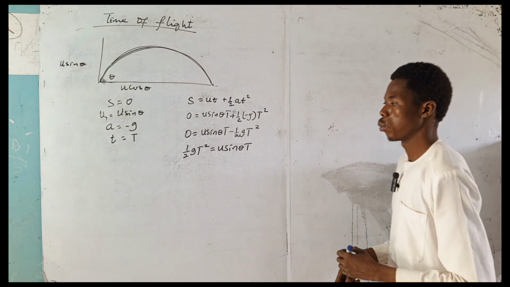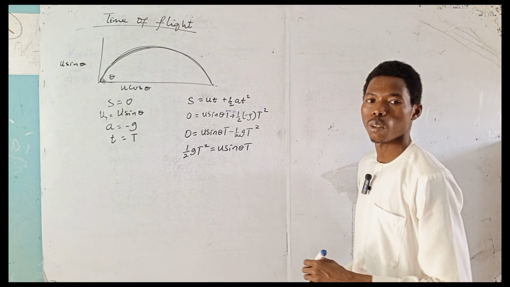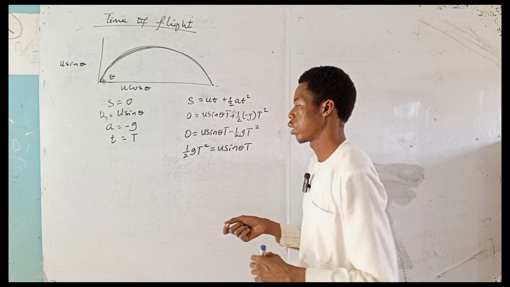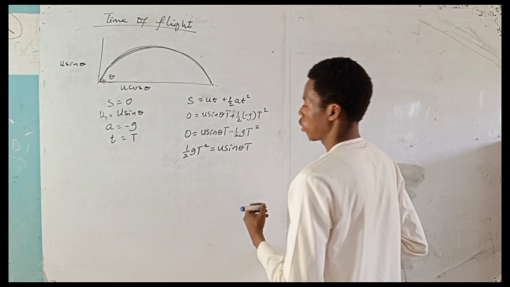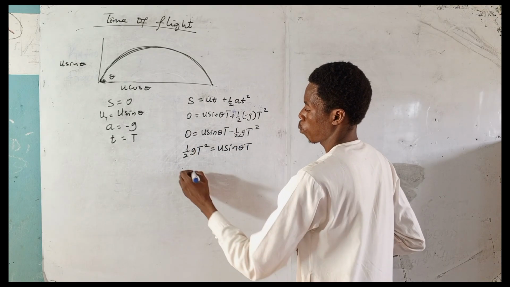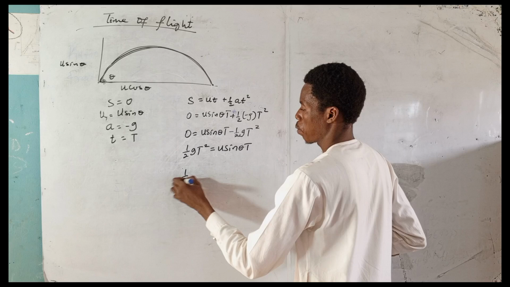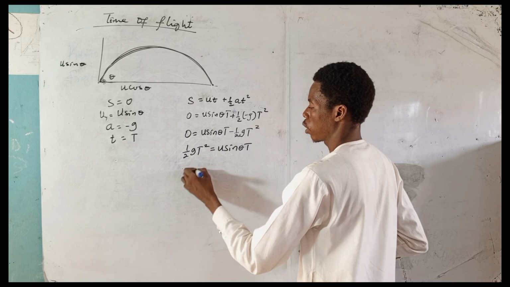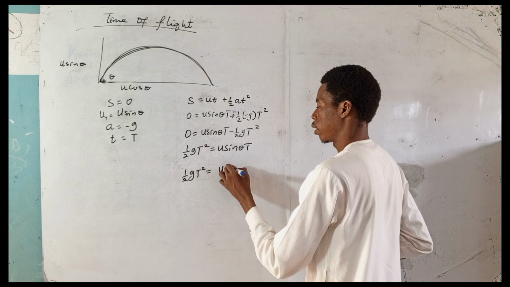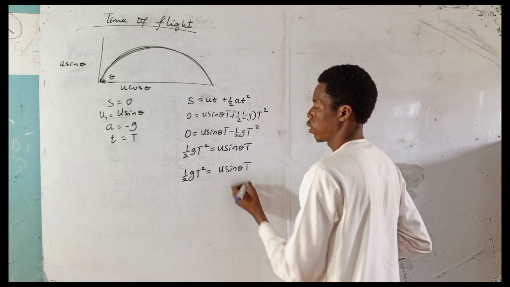So now we want to make t subject of the formula. We will cancel its coefficient. So let's divide both sides by the coefficient of t, which is g. Half g t squared equals u sine theta t.